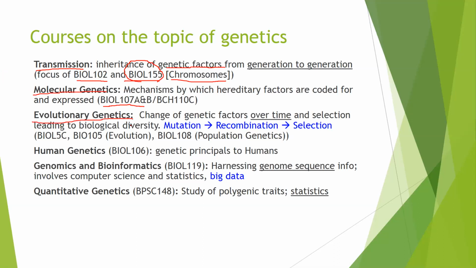This is more focused on the high level, the individual and the population. In this class, you're gonna see the change of genetic factors over time through mutation or recombination, and how these mutations are under selection stress, and the whole evolution history for the entire population.